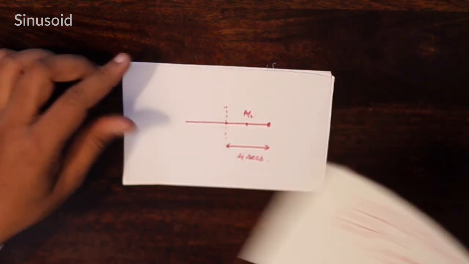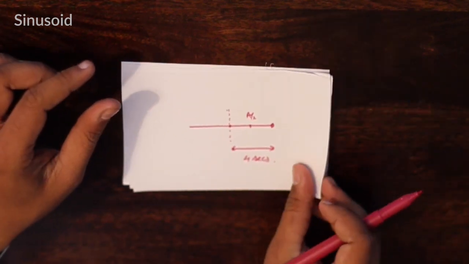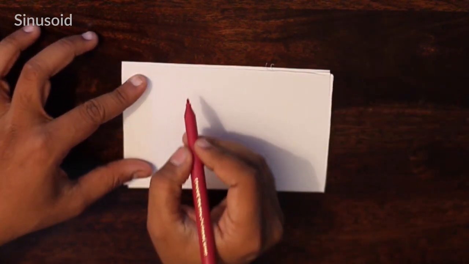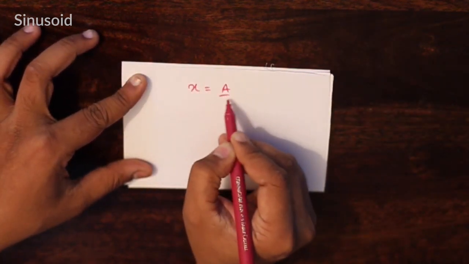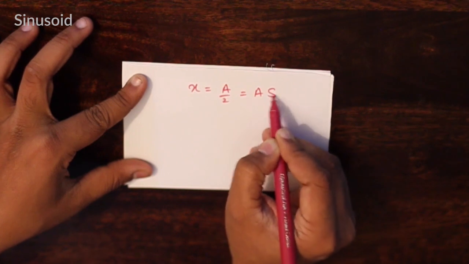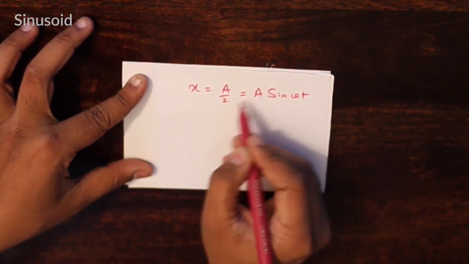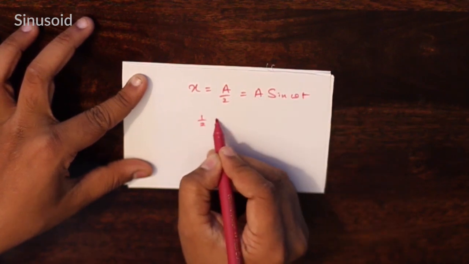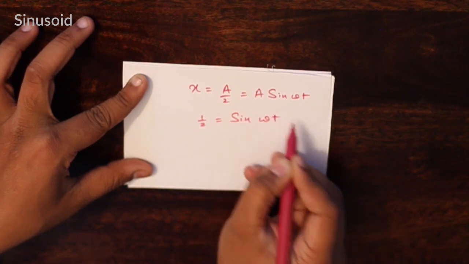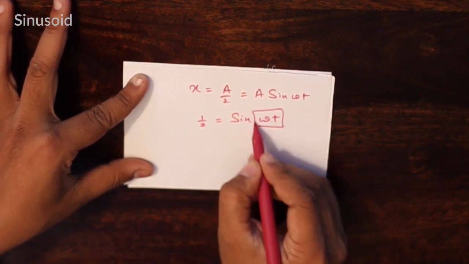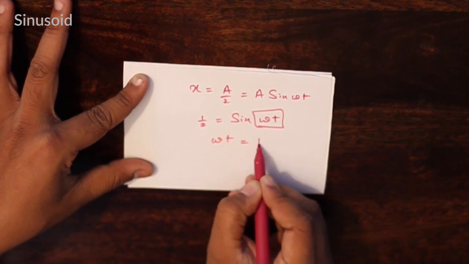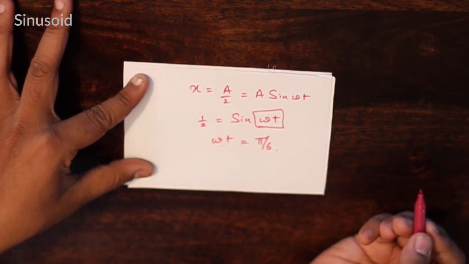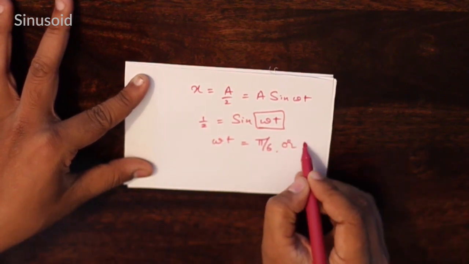So if you want the x to be at A by 2 at any point of time, then that would be A sin ωt. The A and A cancel off, so half is equal to sin ωt, which means ωt has to be π by 6 or 5π by 6.